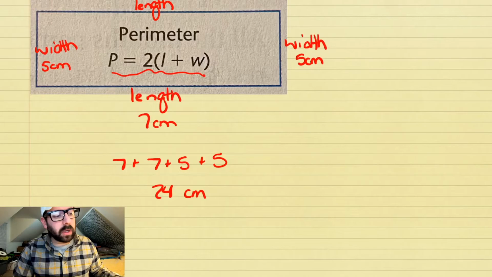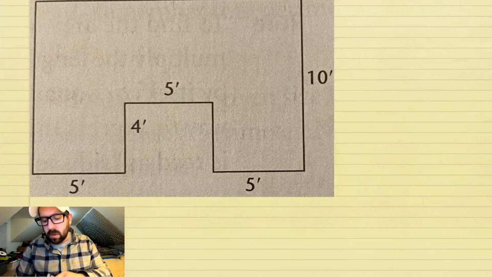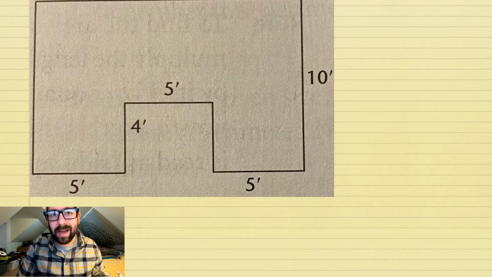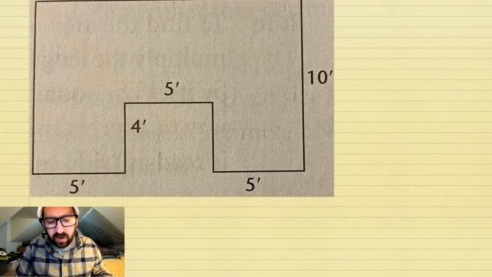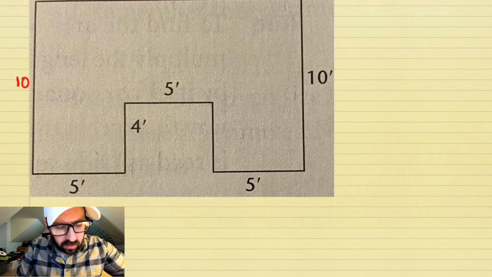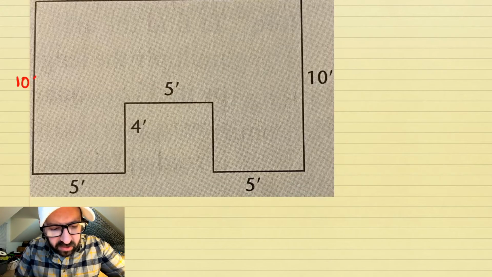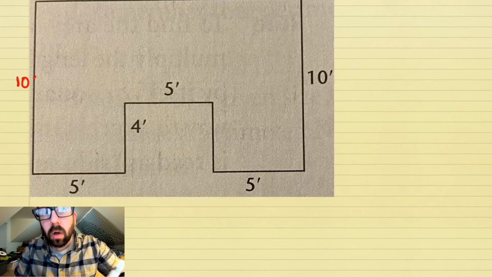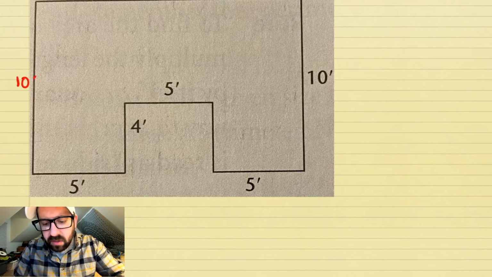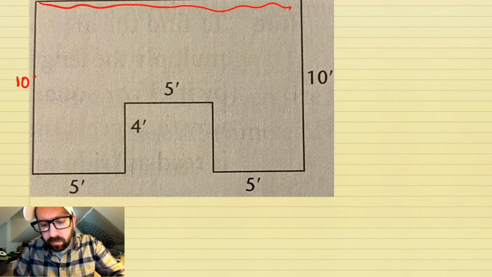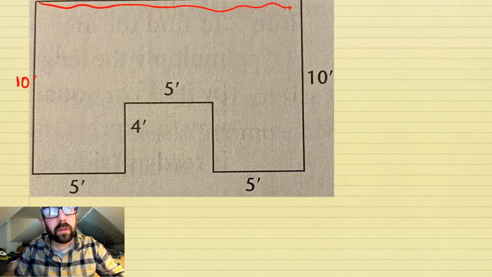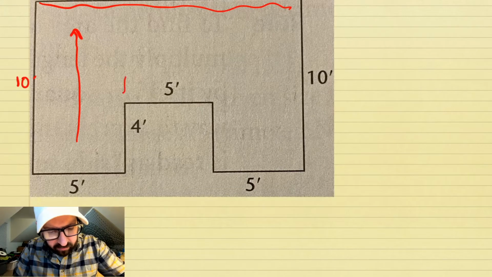Let's jump into the next one here. So this, back to the room again. If I transfer these numbers around, the 10 can go over here. This is the 10 feet. Up top, this total distance, all the way up here, this total length across the top, that number is the 5.